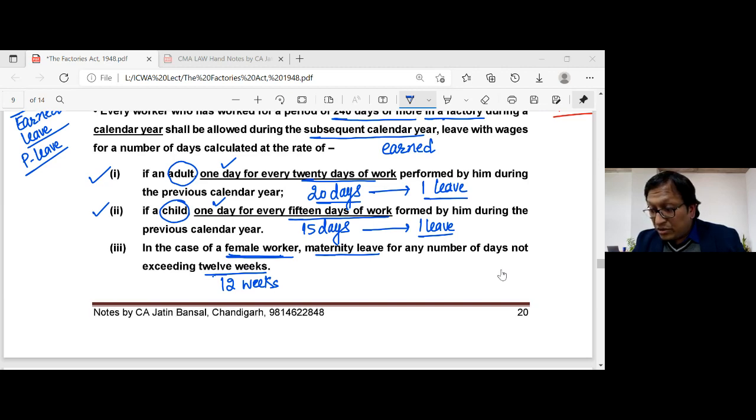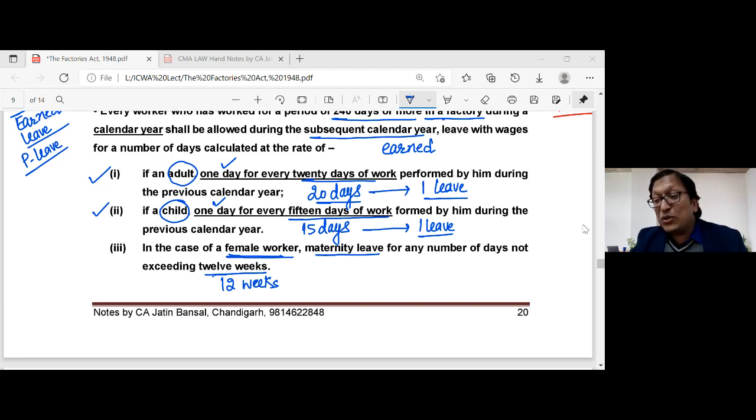So there is a question in the study material. Age of adolescent worker is 10, 14, 18, 21. What is the answer for this? Basically, an adolescent is a person who has completed 15 years but is less than 18.